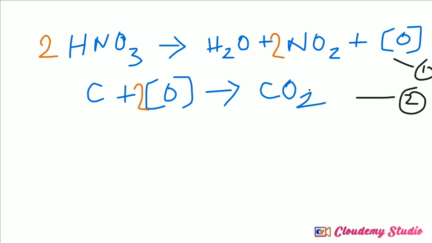Therefore, the whole first equation needs to be multiplied by 2. So as a result, this nascent oxygen will become 2 times, this nitrogen dioxide will become 4 times, this water will become 2 times, and this nitric acid also will become 4 times.